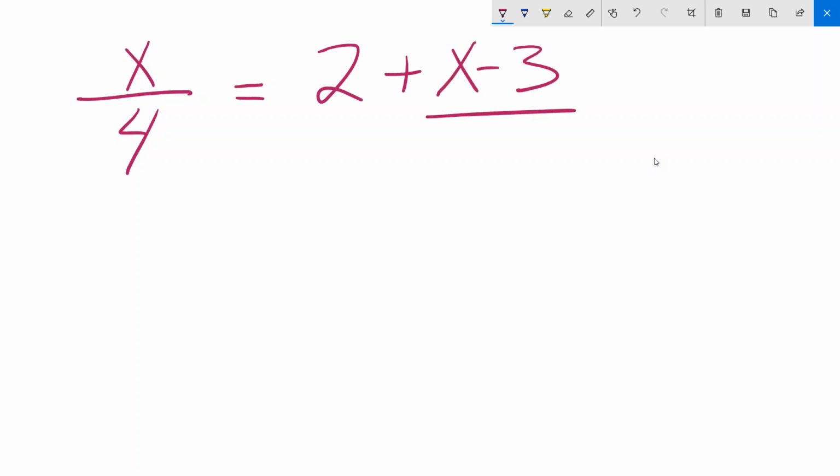Go ahead. Next. So number 4 says the fractions in the equation x over 4 equals 2 plus x minus 3 over 3, like that.